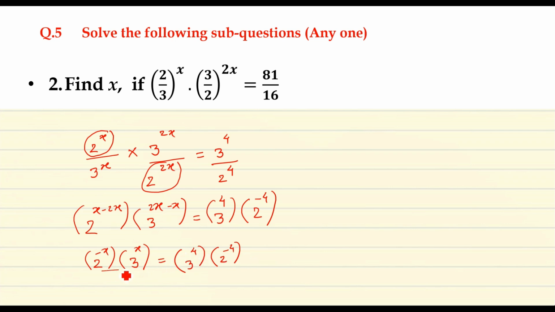If the base is the same, then the power must also be the same, and therefore you can compare 2 raised to minus x with 2 raised to minus 4, or 3 raised to x with 3 raised to 4. So you can write minus x is equal to minus 4, and therefore the final answer will be x is equal to 4. Either you compare with 2, you will get the same answer, or you compare with 3, you will get the same answer.